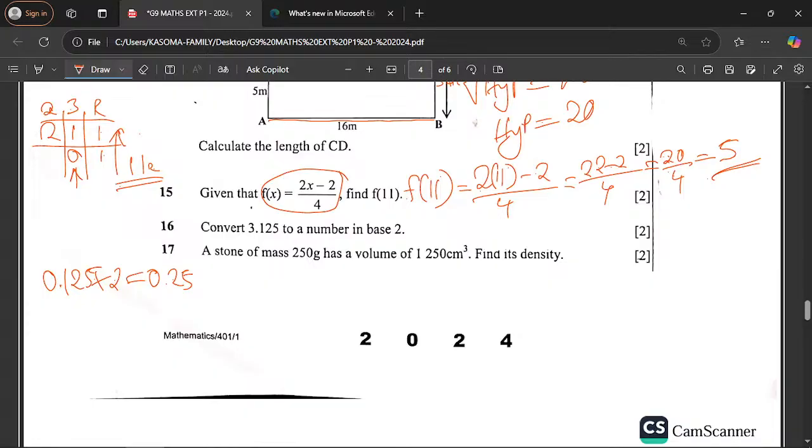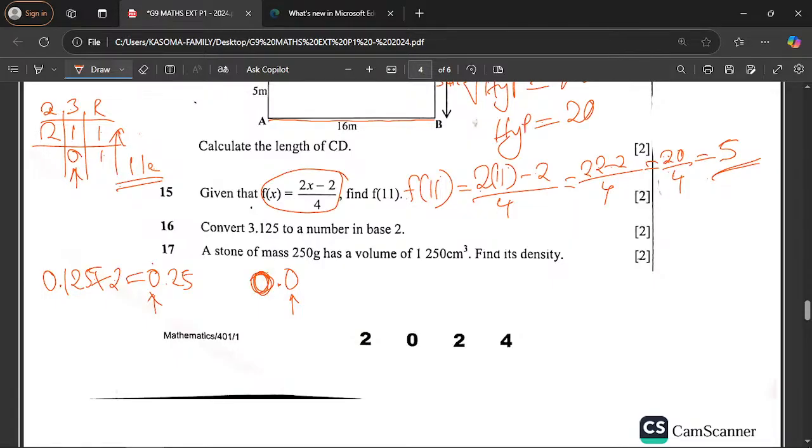So we get the whole number part, which is 0, and we write it here. This 0 here, the second one I've written, is the one that has come from here. This one is a placeholder.